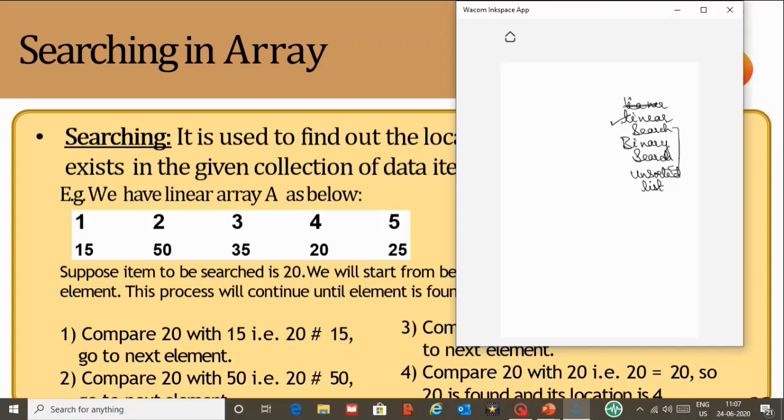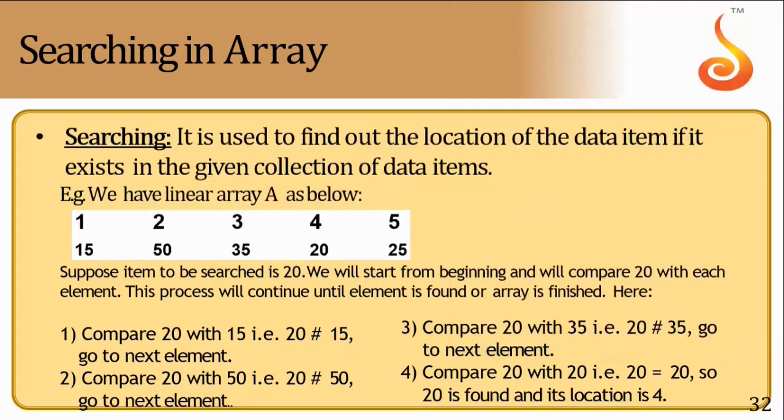You can see in this example I have an array collection 15, 50, 35, 20 and 25. So by seeing it, you can make out it is not written in any order. Your elements are unsorted. Sorting means arranging.